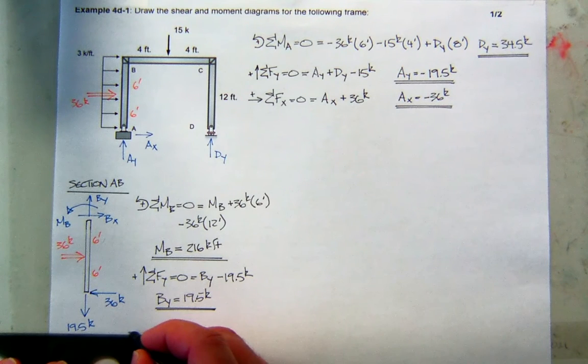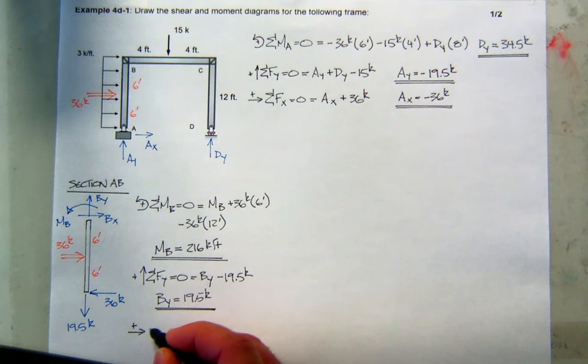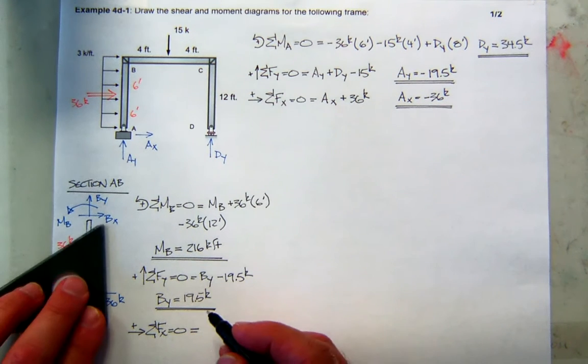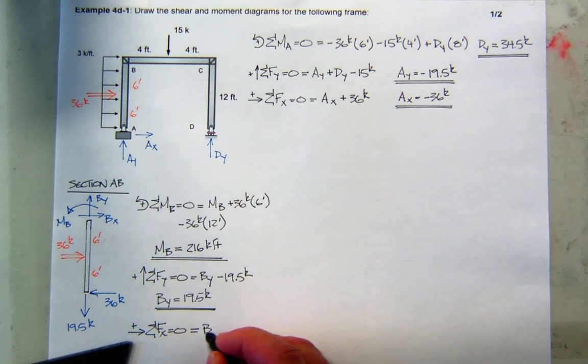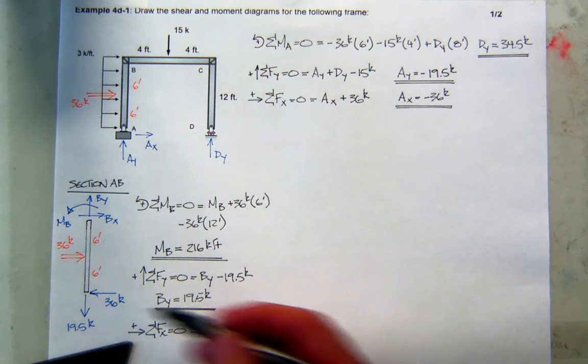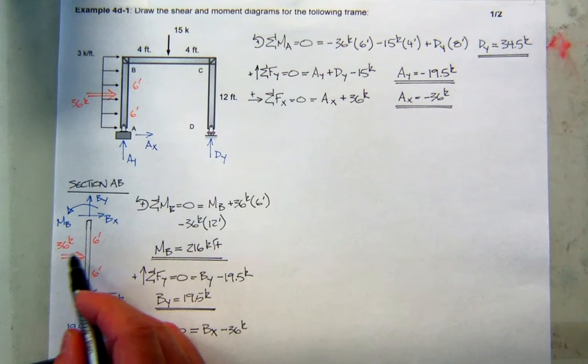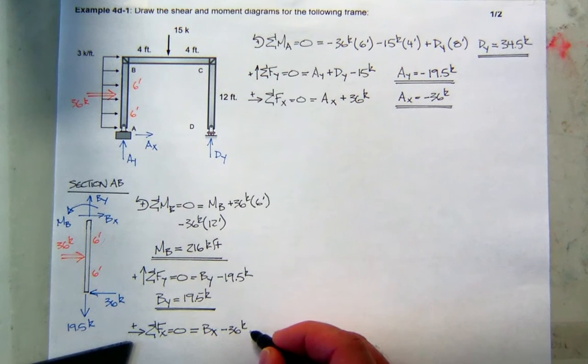And then we will sum forces in the x direction. What do we've got? We've got BX, that's to the right, that's positive. We've got this 36 kip at the bottom, that's left, that's negative. Got our concentrated equivalent load, that's to the right, that's positive.